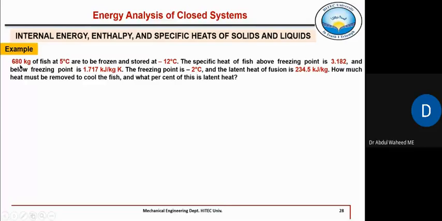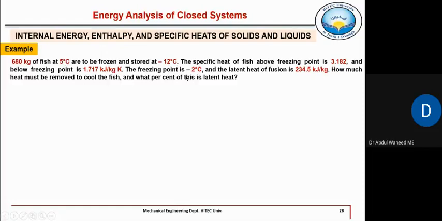So here you see, 680 kilograms of fish at 5 degrees Celsius are to be frozen and stored at minus 12 degrees Celsius. So we have fish available at a temperature of 5 degrees Celsius, and we need to cool this fish from 5 degrees Celsius to minus 12 degrees Celsius.